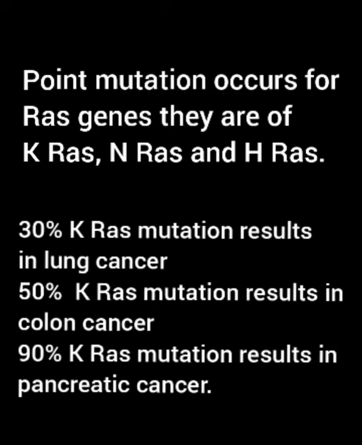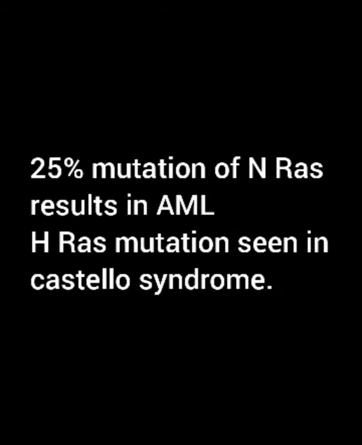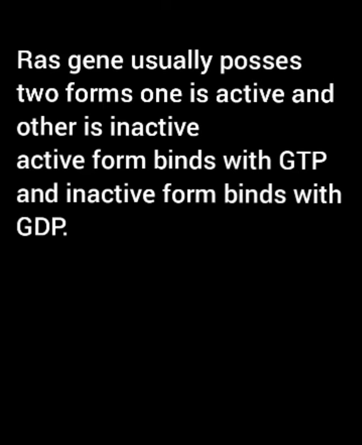Various other point mutations can also be seen in RAS genes. The best example is that a 25% mutation in NRAS may result in AML, that is acute myeloid leukemia, and a mutation in HRAS may result in Costello syndrome. The RAS gene usually possesses two parts, an active part and an inactive part.